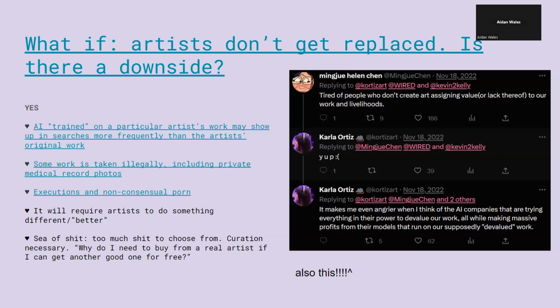Something it does force is artists to do something different or better. Again, I talked about this: I personally wouldn't want to make anything that looks like AI art, because it's everywhere. I want to do things my own way. But sometimes there are people, like that guy whose artwork got plagiarized, who make things in his style because he's him, right?